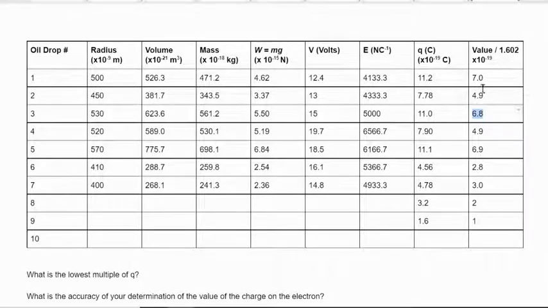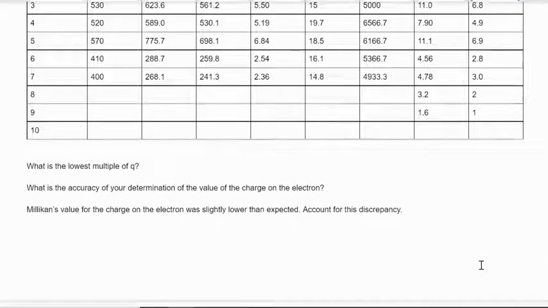So this is saying that this is exactly 7 times a fundamental charge. This is 5 times a fundamental charge. This is 3 times a fundamental charge. So Millikan realized that these all had a lowest common multiple, and the lowest common multiple was this value here, which is 1.602 by 10 to the minus 19.